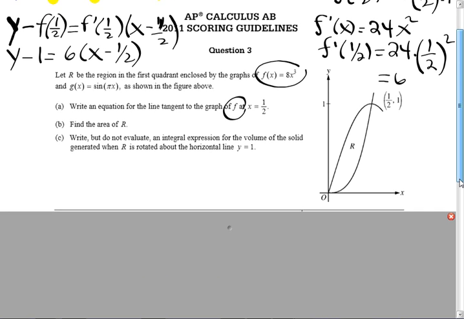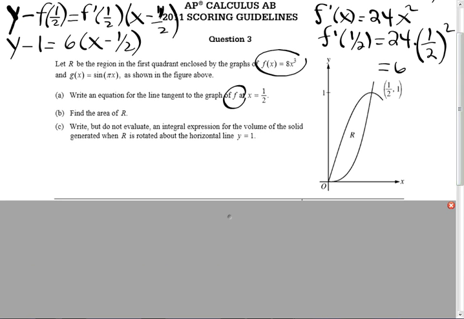Okay, how do you want to slice it to find the area of R? Vertically or horizontally? Vertically. I don't want to solve for x. Do it horizontally, you have to solve for x in terms of y, which means I'd have an inverse sine, and if I integrate it, I'm in trouble.